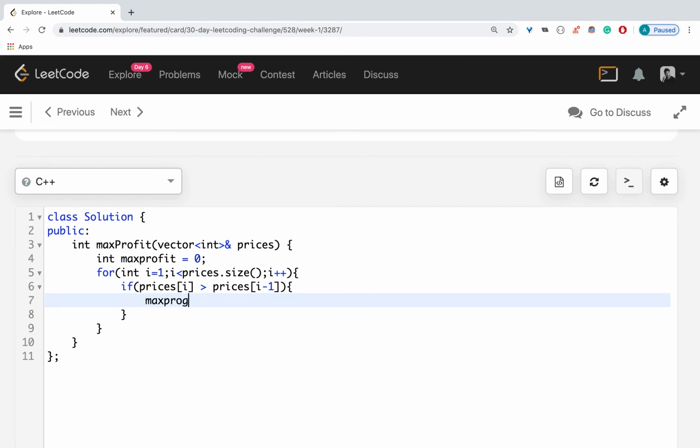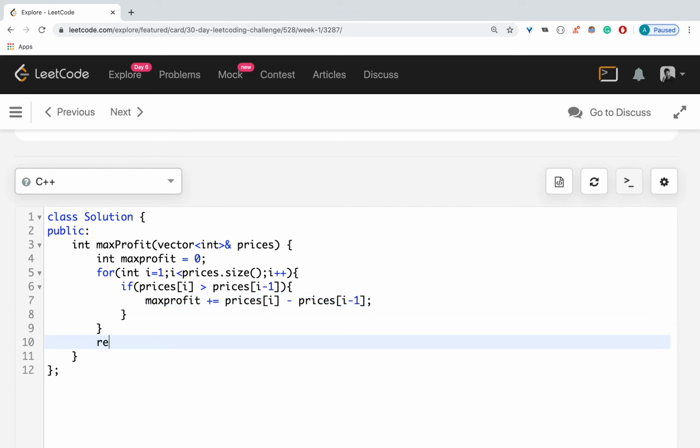Max profit plus equals prices of i minus prices of i minus 1. Okay, so this is how my max profit will be computed. I will compute the difference, and finally I will just return this max profit.